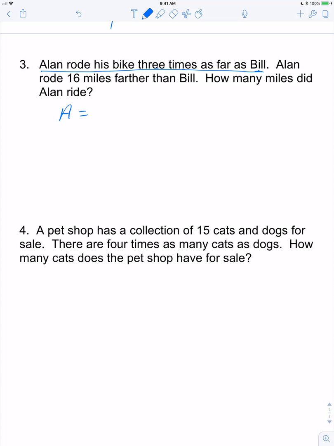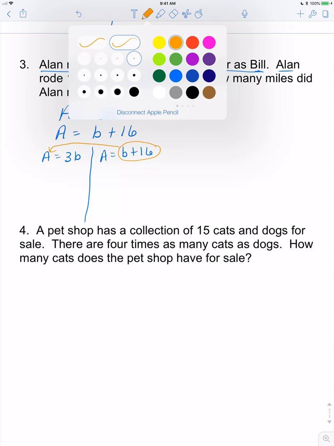So Alan is also Bill plus 16 miles. Again, that's another easy substitution. We can just set these two equations equal to each other because A is equal to 3B and A is also equal to B plus 16. So we can just take this B plus 16 and substitute it in for the A over here.